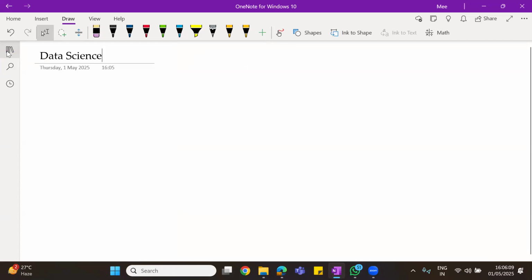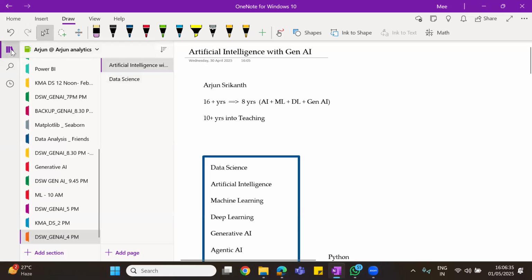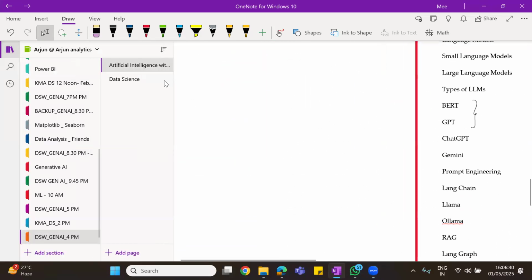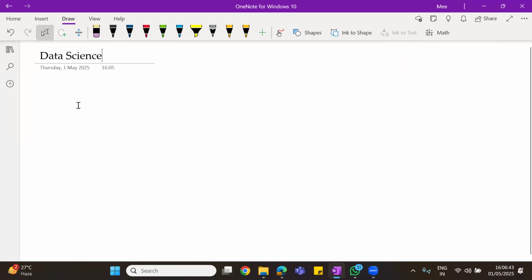First we will see what is data science, and then we will move forward to understand AI, ML, and DL. So first, what is data science?